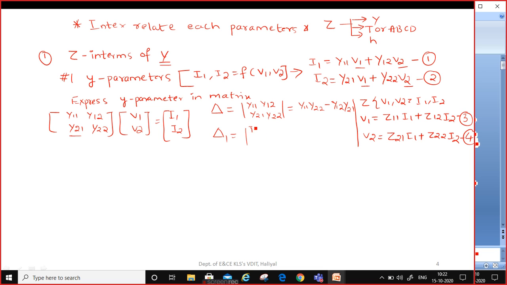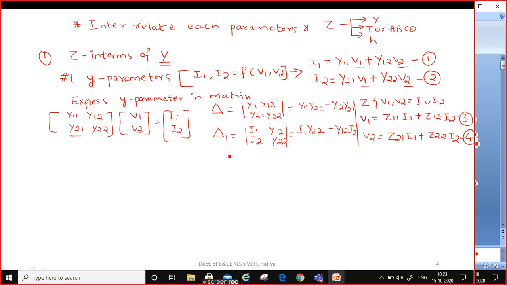So you will get I1 and I2, and here you write y12 and y22. That gives you I1 times y22 minus y12 times I2, or I2 times y12. Anything is fine.